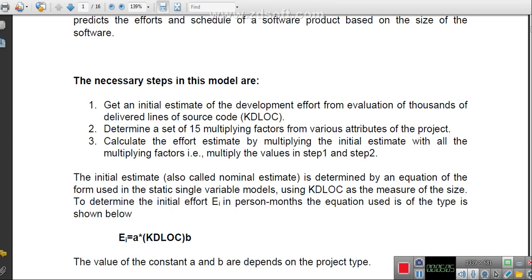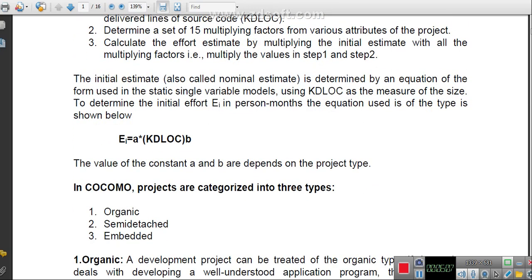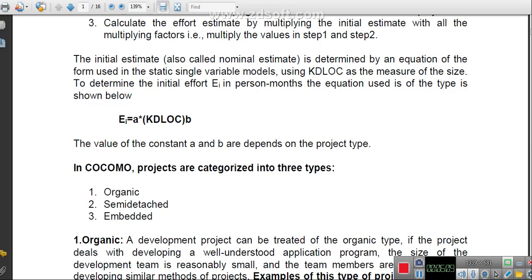There are different categories of projects, and for those categories the values of A and B are different. Boehm, the constructive cost model, classifies the project into three categories.